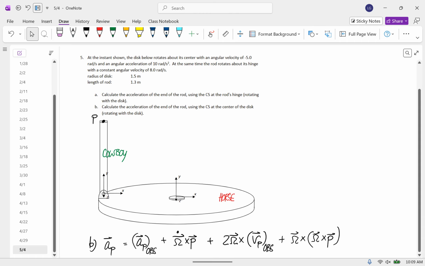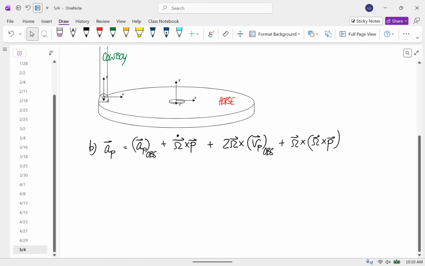So let's see. Angular velocity. So the disk has an angular velocity of -5 about the y-axis and an angular acceleration of +10. That coordinate system is rotating with the disk. So that angular velocity and angular acceleration of the disk is the angular velocity and angular acceleration of the coordinate system.